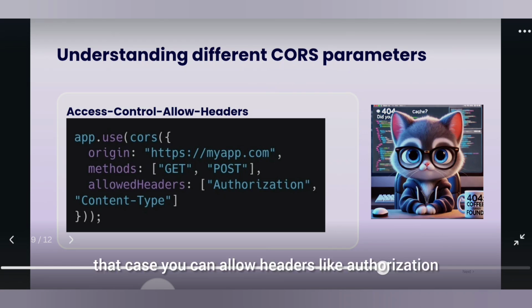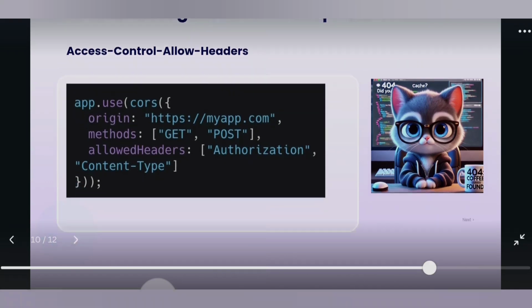In that case, you can allow headers like authorization in your CORS module, and then the session token, session cookies or other authorization-based tokens can be allowed in the cross-origin request. So in the allowed headers section, you can set authorization or content type, or any headers that you want to be allowed from the cross-origin request. Those kinds of headers are then allowed.